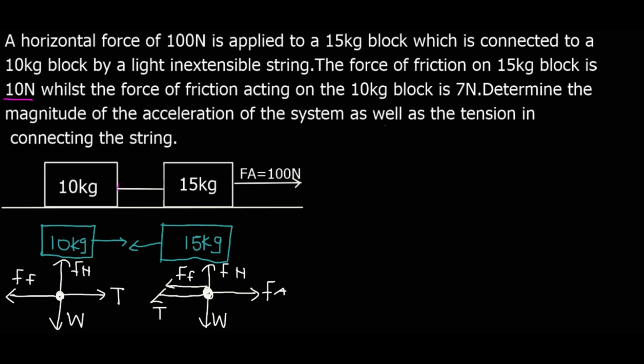So now from here I will write F net for these two objects. I will say F net equals MA. Remember we want the acceleration, and I will do the same thing for this 15 kg block.